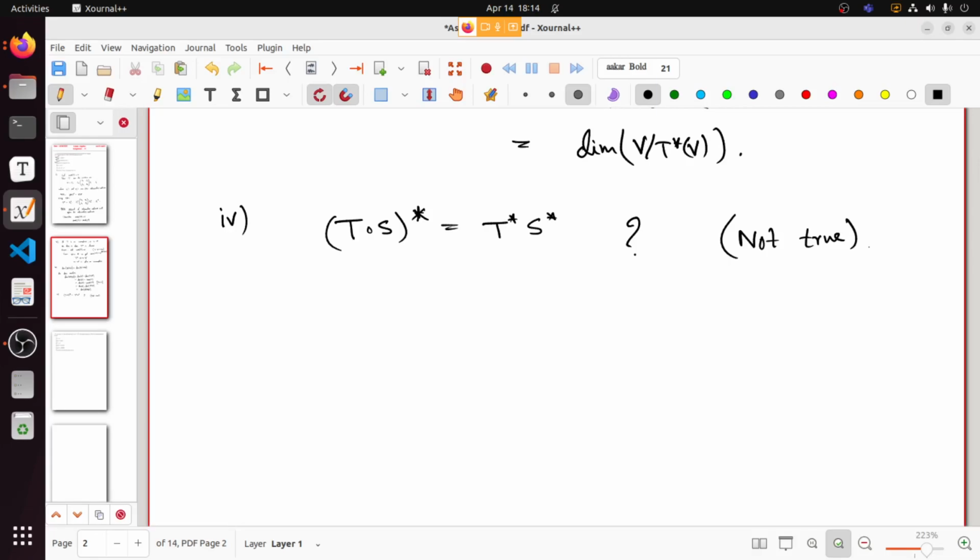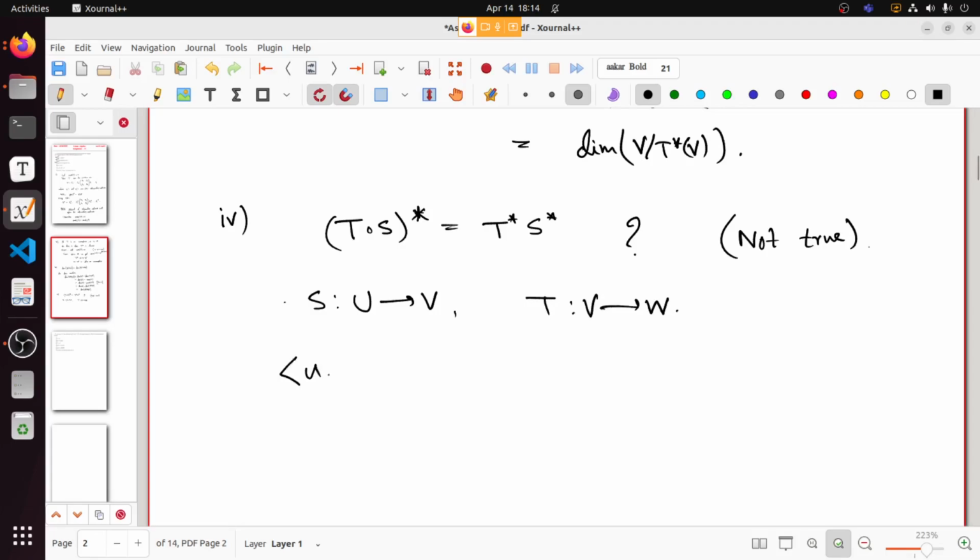And as the operators do not commute, let's see it. Suppose S is a map from U to V and T is a map from V to W, right?